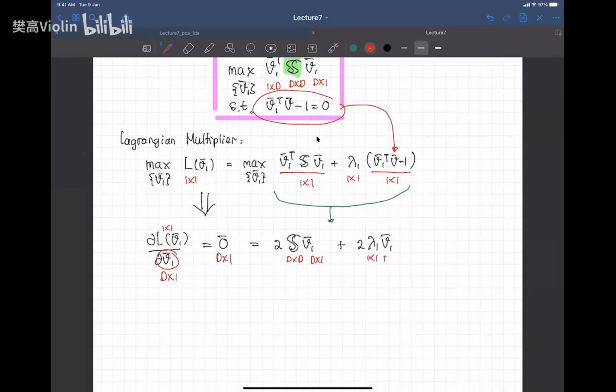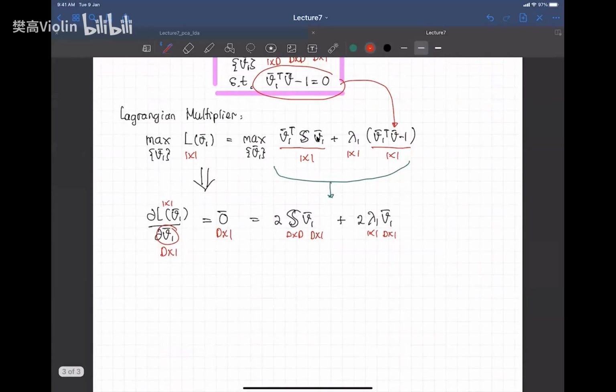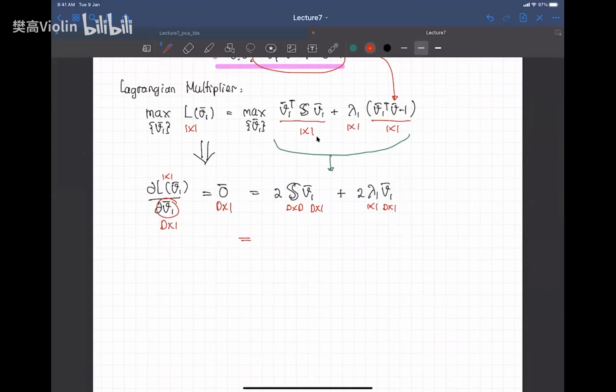This one is D by 1. Okay, so this is the equation that we want to solve. And based on this equation, we will have S V1, because the 2 can be cancelled.